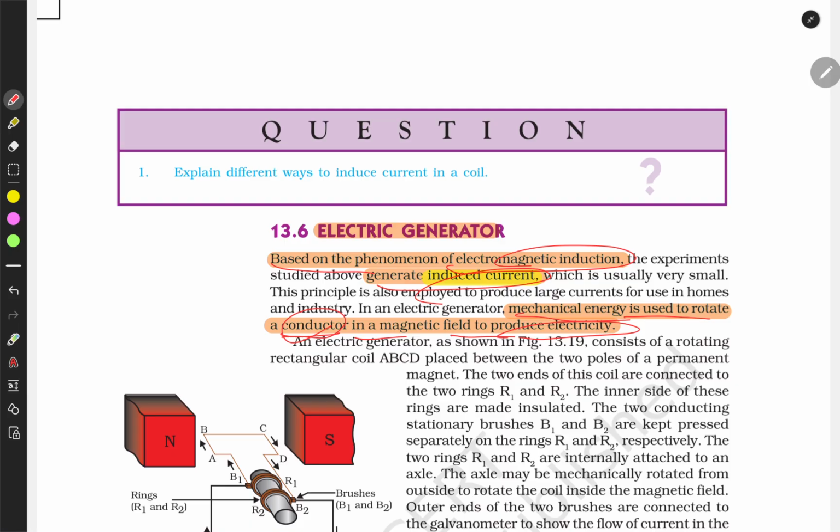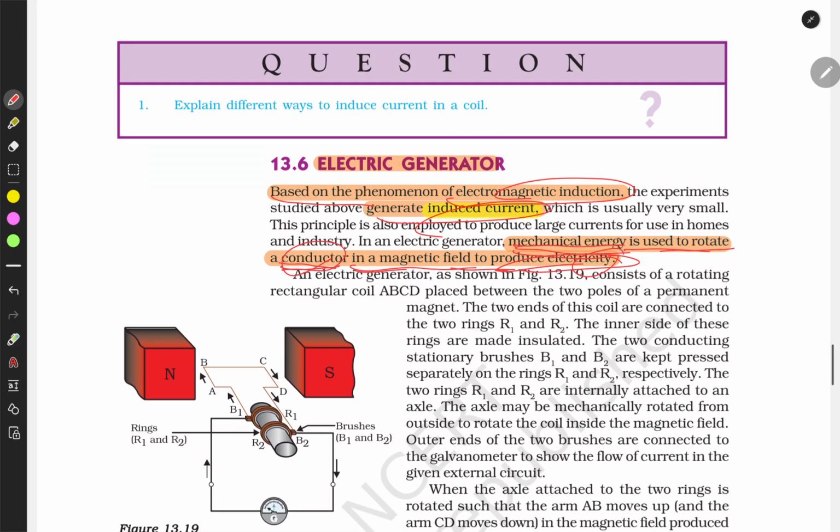We learned in a motor that electric current is used to produce mechanical energy. Here the mechanical energy is used to produce electrical energy. So mechanical energy is used to rotate a conductor in a magnetic field to produce electricity, and the mechanical energy is converted into electrical energy.